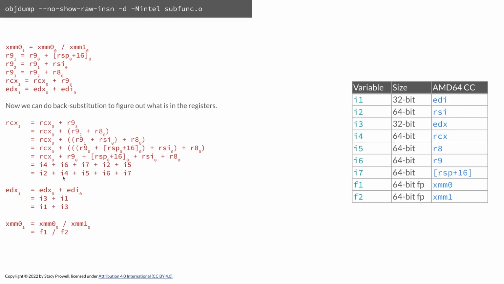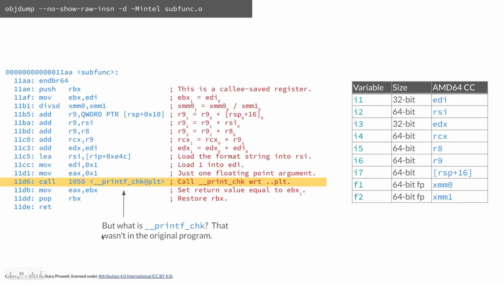In RCX, I add I2, I4, I5, I6, and I7. I2 is in RSI. I4 is in RCX. I5 is in R8. I6 is in R9. And I7 was in RSP plus 16. That's it right here. And then I do that, and I compute the ratio. So there you go.